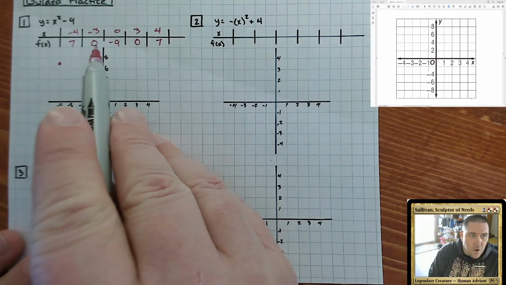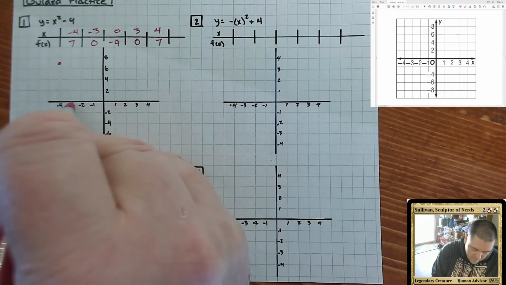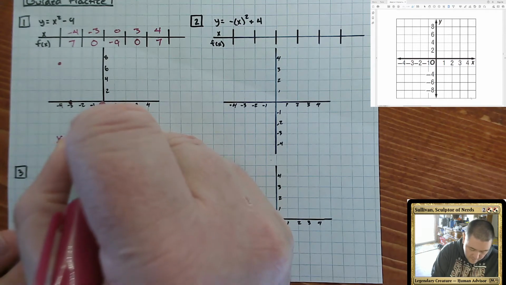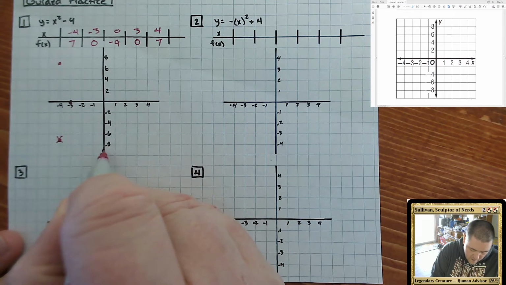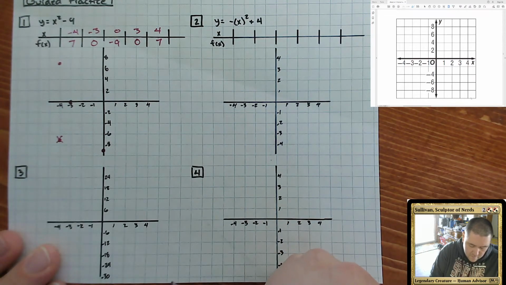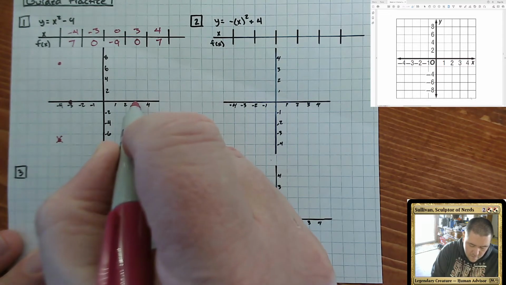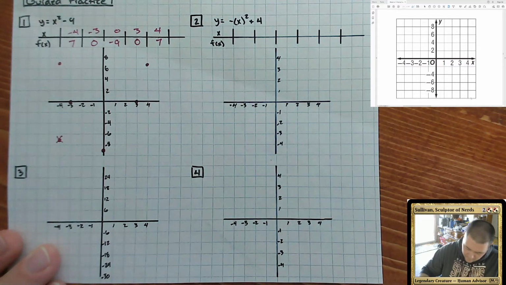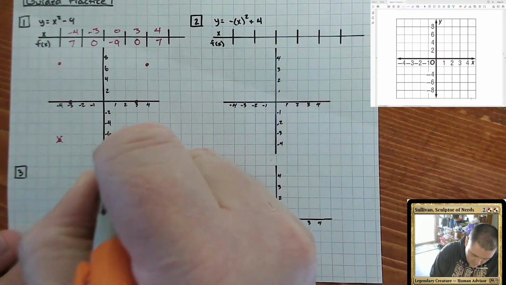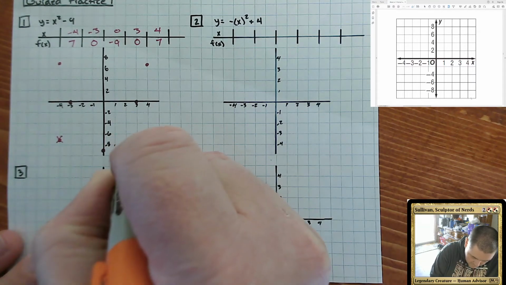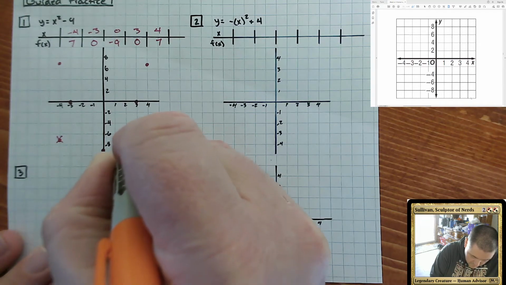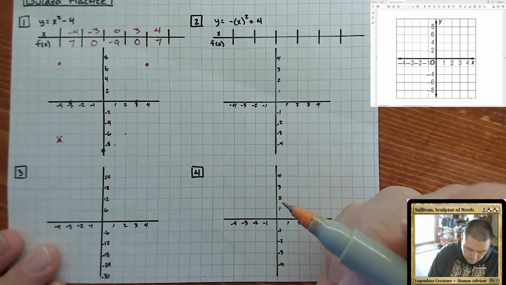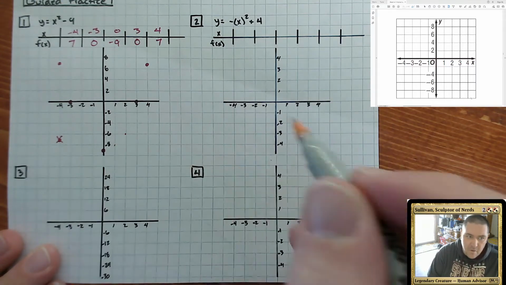Back 3, no up or down. So we'll go left 3, 0. 0, -9 is halfway through the box. 3, 0, 4, 7. Okay, and I'm just going to put a couple more points in here because it's going to make my graph a little bit better.